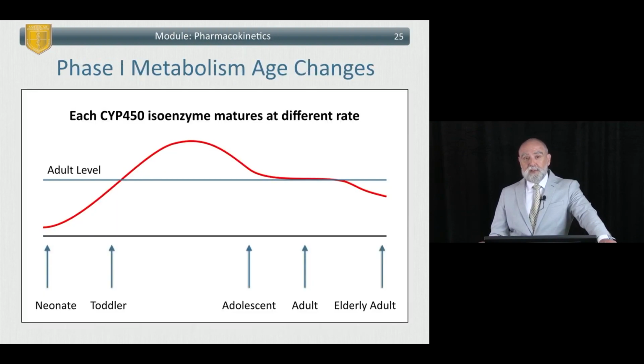These isoenzymes, these metabolic enzymes, mature over the lifetime, right? So when the neonate is born, these isoenzymes are not very active. There's not very many of them. And therefore, if a mother is taking a drug, it does cross the placenta, so the fetus is exposed, but it's the mother who's doing primarily the elimination of it through metabolism and excretion.